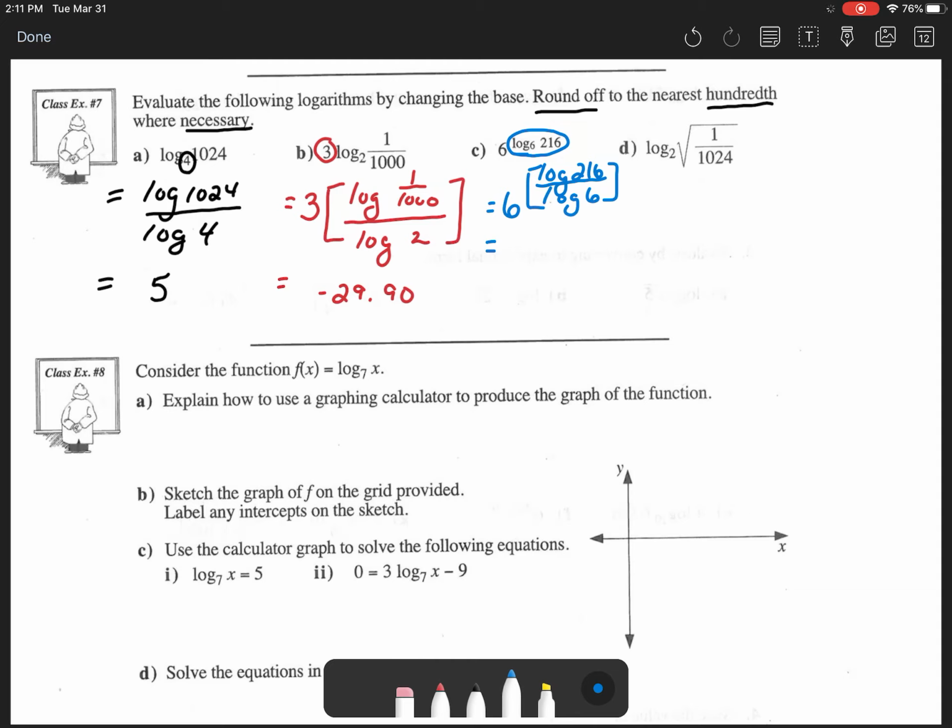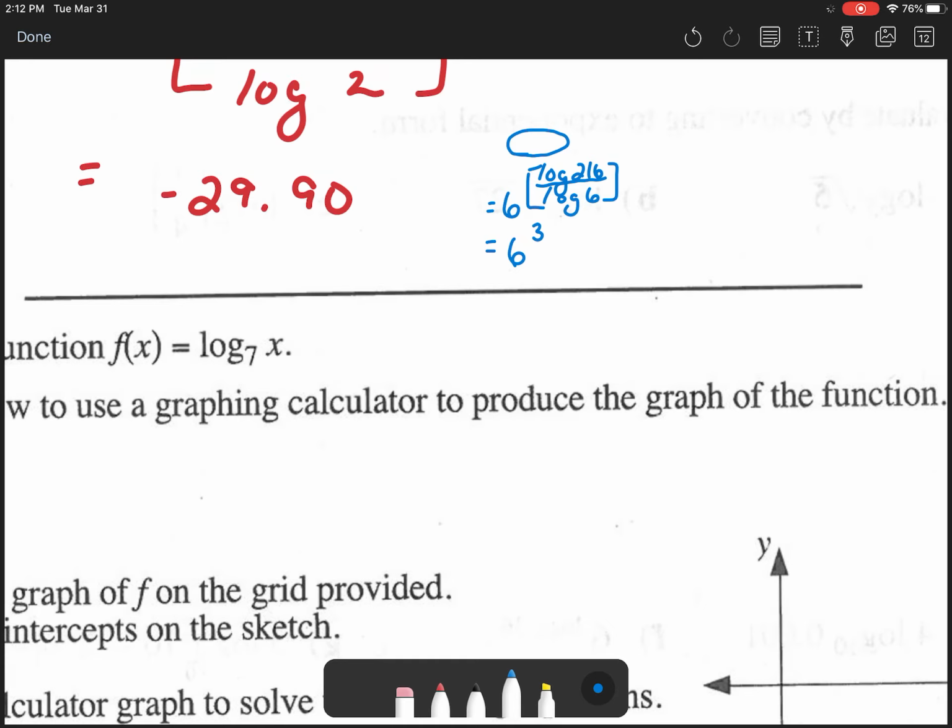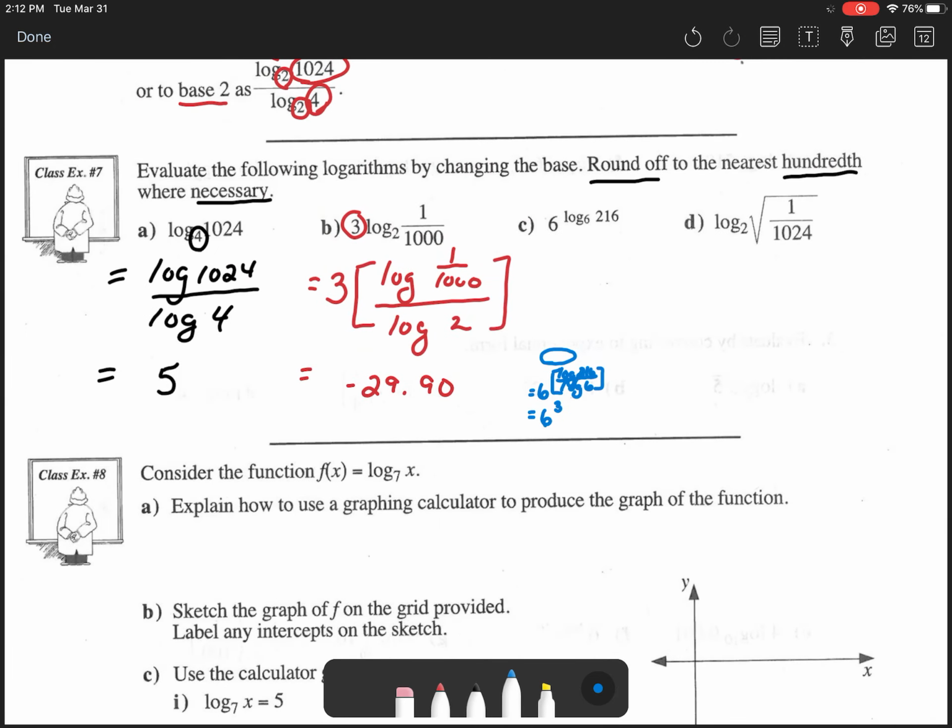I go log 216 and divide by the log of 6, which ends up being 3. So this is 6 to the exponent of 3. So log 216 over log 6 is 3. And we know 6 to the exponent of 3 is 216.